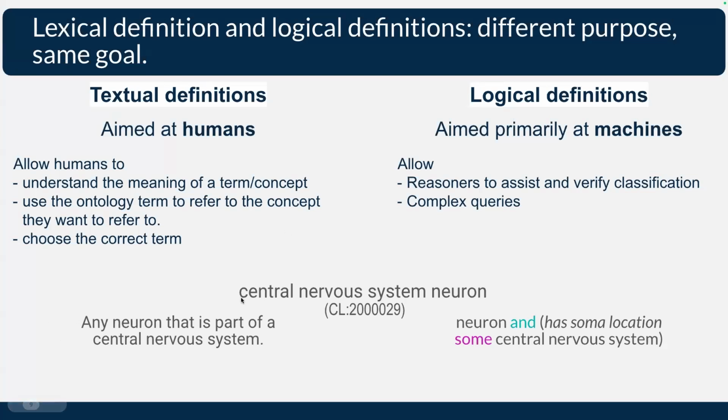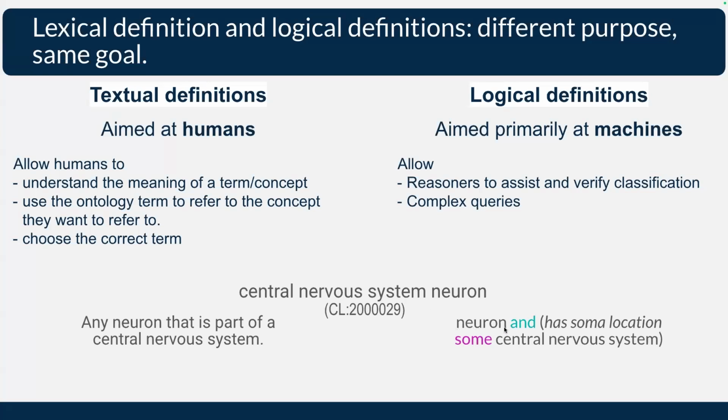And so, for example, here, for the central nervous system neuron, the definition is in English, words in a human readable language. The logical definitions are primarily aimed at machines. So we want to make sure that the computer understands what the concept of a term is. It also helps with the reasoner. It helps with complex queries.